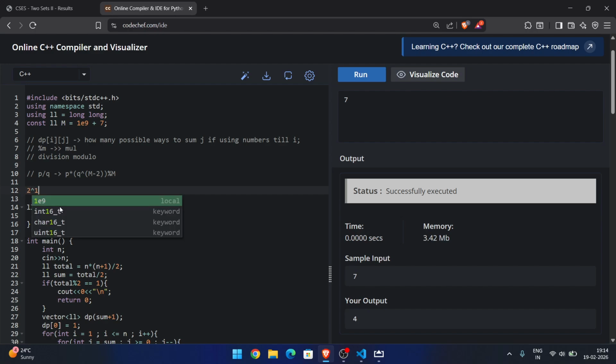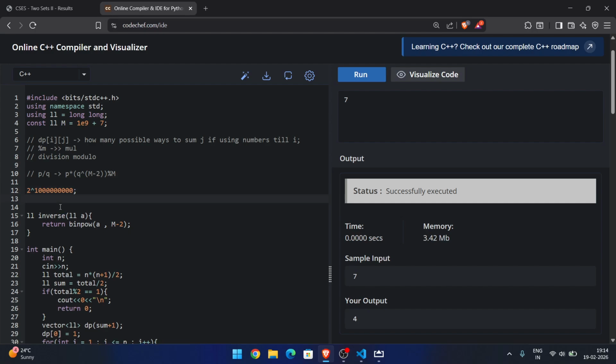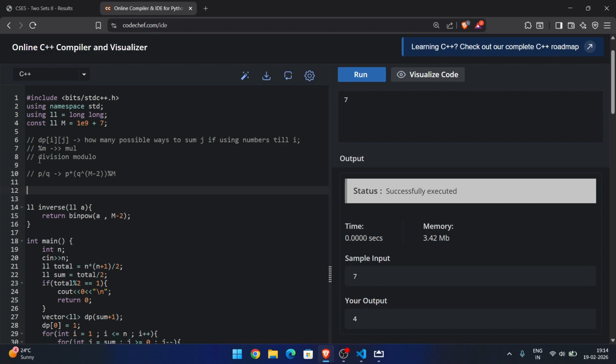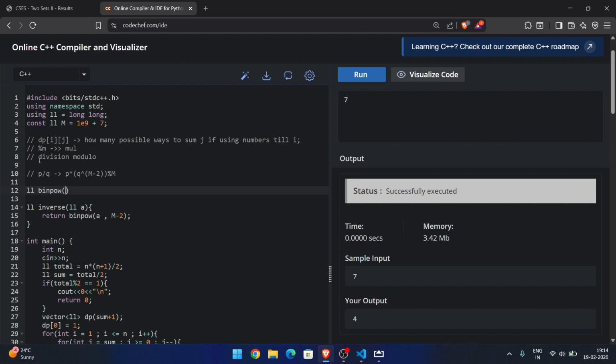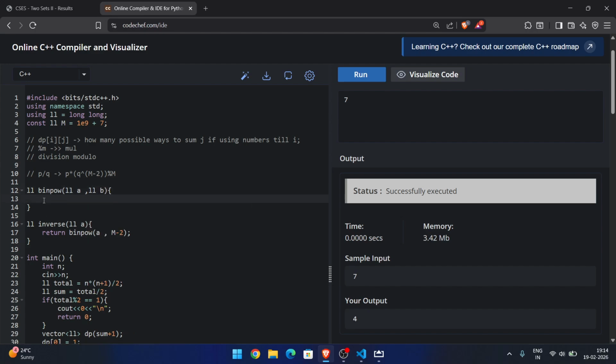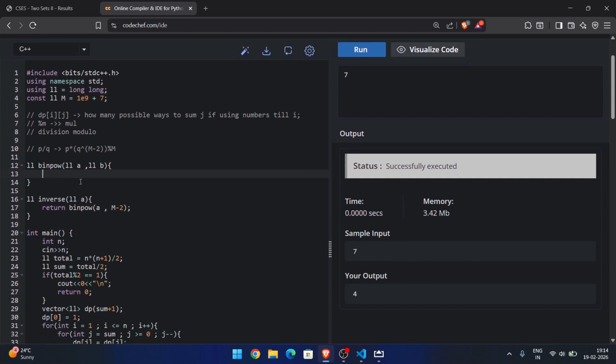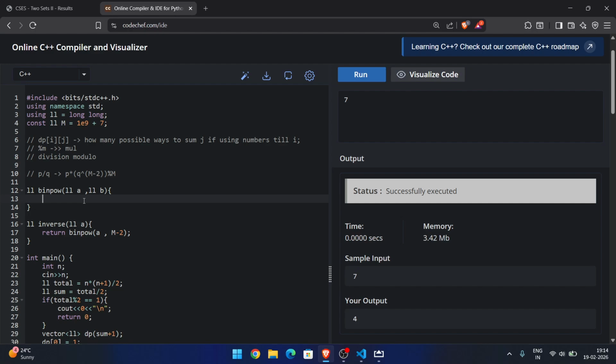If there is something like 2 to the power 100000, then we can't simply iterate through every way, so there is a method for that. If you don't know the method yet, I would suggest you should learn it. It's a whole lecture on its own. So I would suggest that you watch a video on this and later come back to this. I'm not explaining it here.